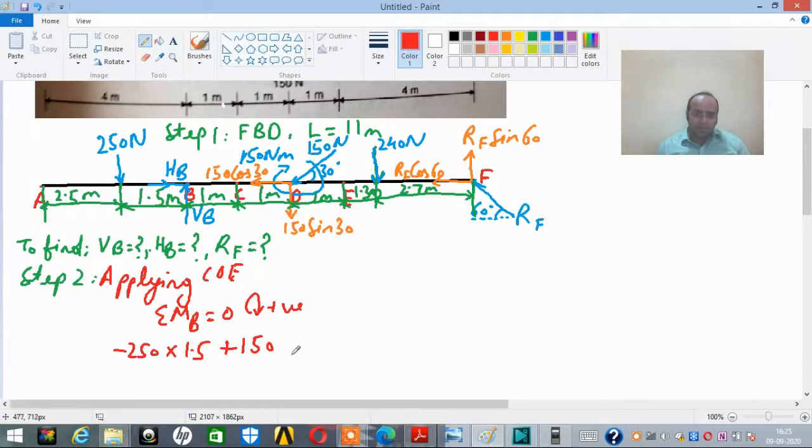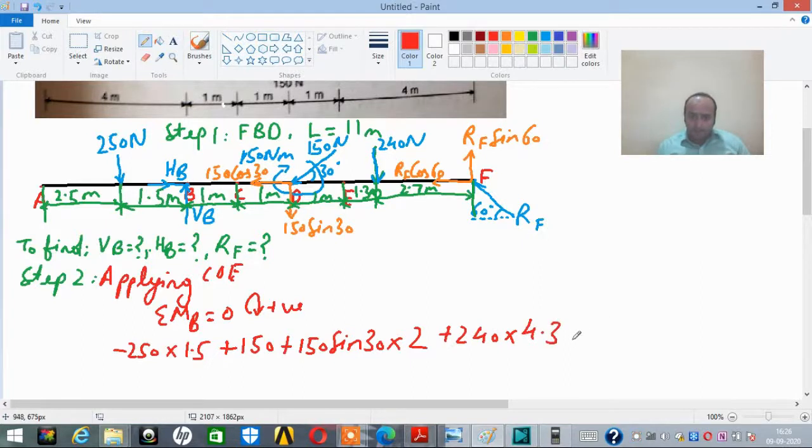Now plus 150 sine 30 into the distance, which is 1 plus 1, so it will be 2. Again plus 240 into 1 plus 1 plus 1 plus 1.3, so 4.3.